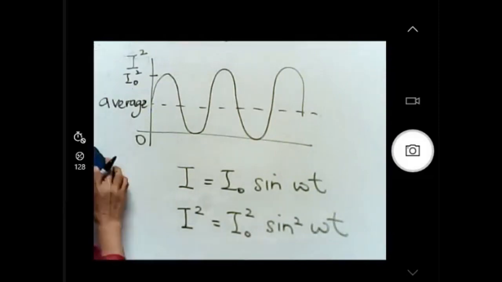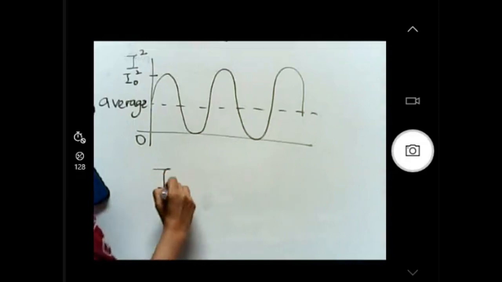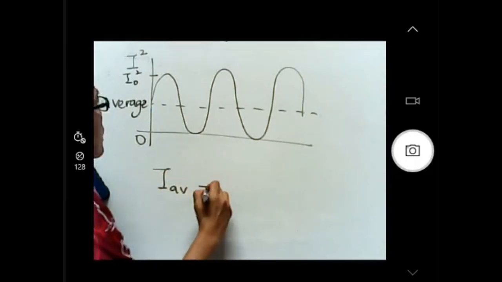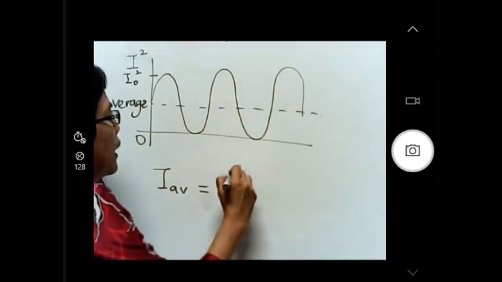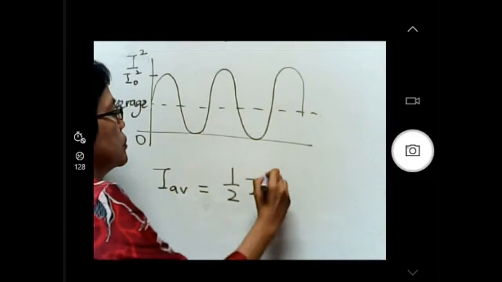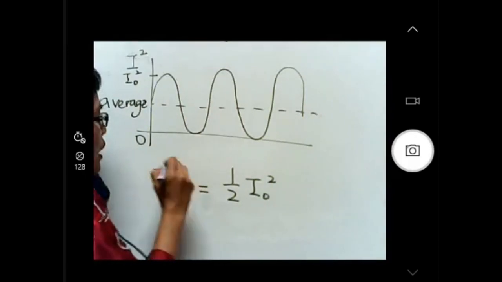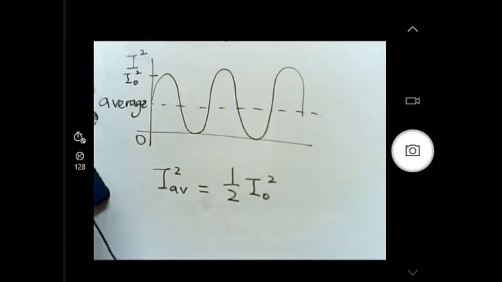If it is there, that means the average of I square equals half of I naught square. That should be correct.